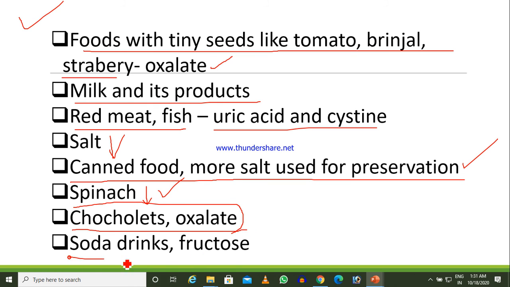Soda drinks also create the renal stone. Soda drinks contain fructose. This fructose, basically it's a monosaccharide. This will create the renal stone. So these are the foods we should definitely stop.